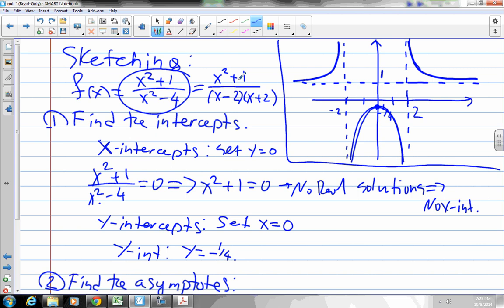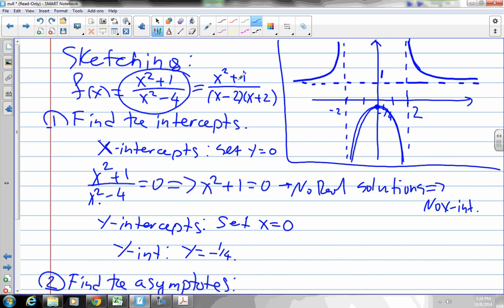But now check this out. If I put 4 in here and 5 in there, so that this will be 4 and this will be 5, the answer will be 4/5, because those numbers don't cancel. And so if the degrees are the same, then the horizontal asymptote will just be the ratio of leading coefficients. That's how we're going to remember that.